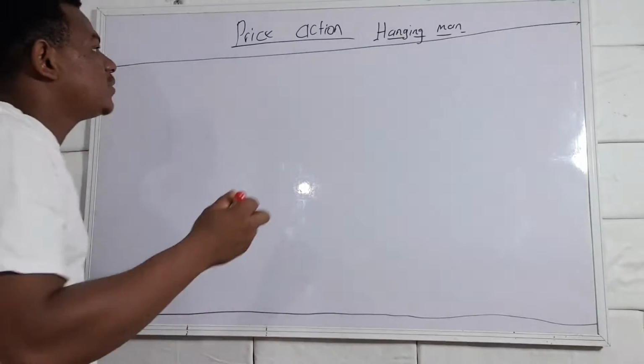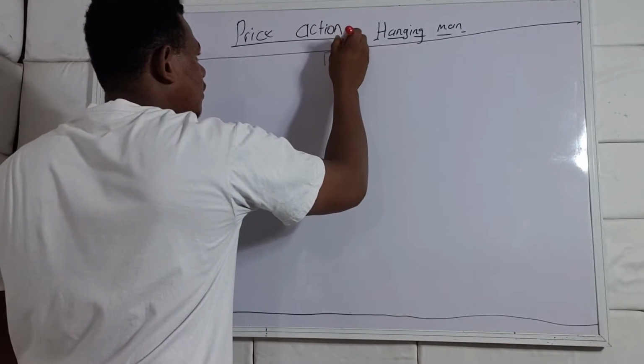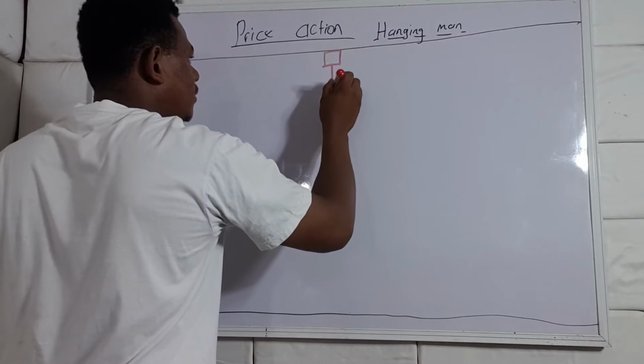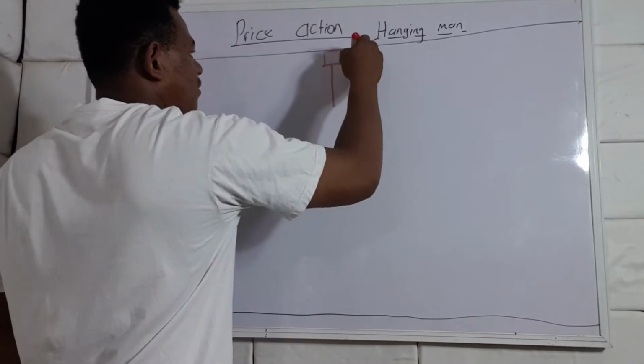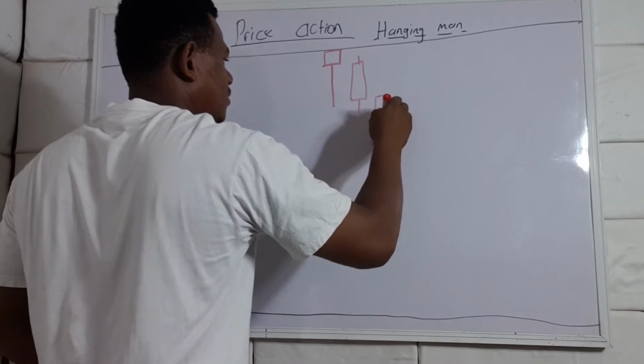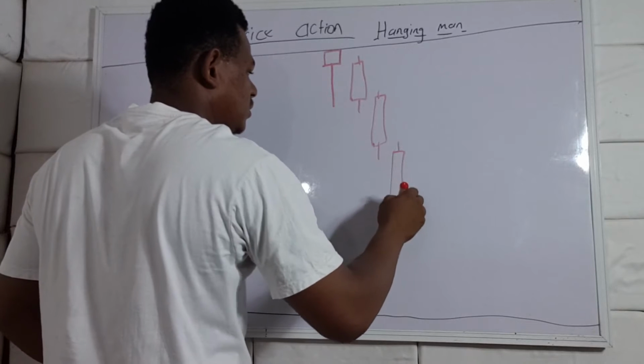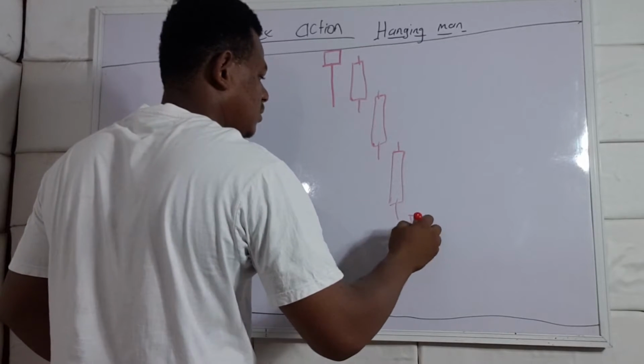So this is how the hanging man looks, before pushing the market to the downside.